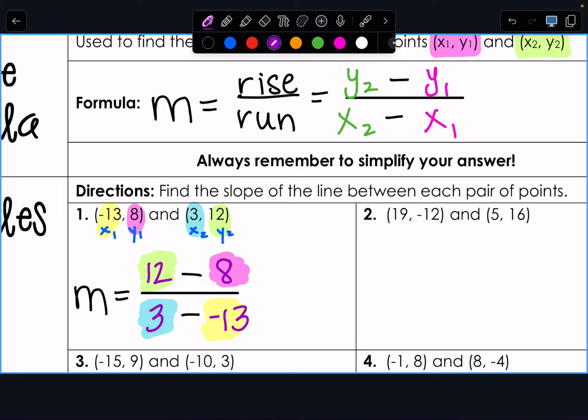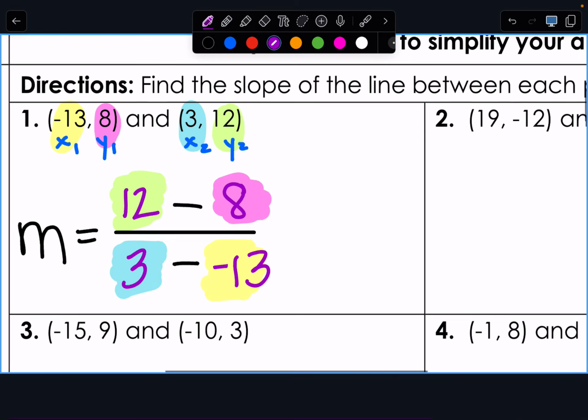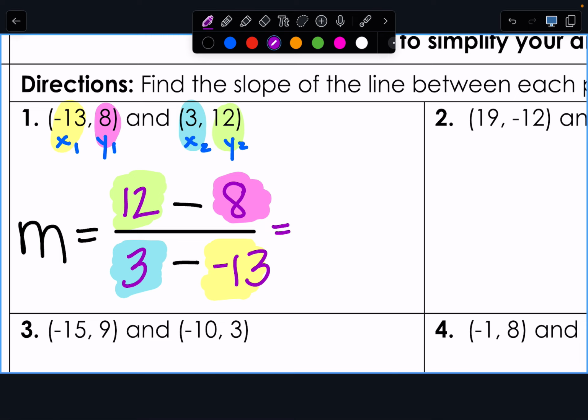Okay? What's 12 minus 8? 4. So we have 4 over, and here's where I need you to be careful. Don't get too overconfident, okay? What is 3 minus negative 13? 16. Remember, subtracting means adding the opposite, okay?